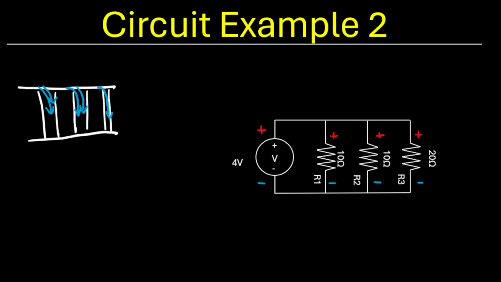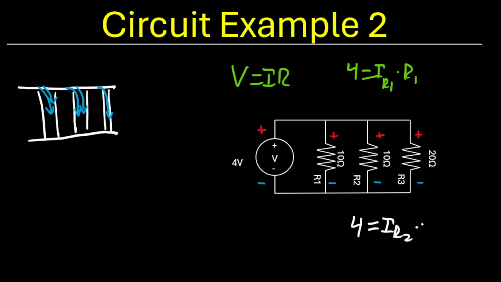Now, again, we know Ohm's law, V equals IR. We know that these guys are in parallel, so each of them has 4 volts across them. So we've got 4 equals IR1 times R1. We've got 4 equals IR2 times R2. And we've got 4 equals IR3 times R3. Now, we can take a look at these resistors and see we've got a 10 ohm, a 10 ohm, and a 20 ohm.